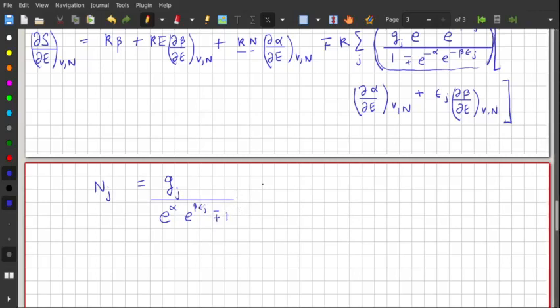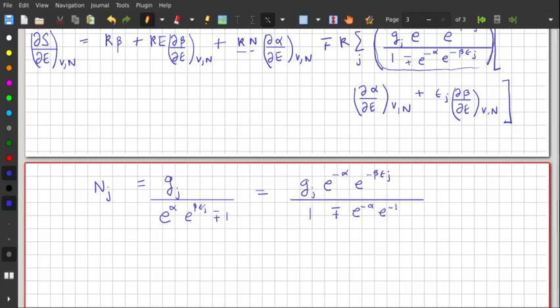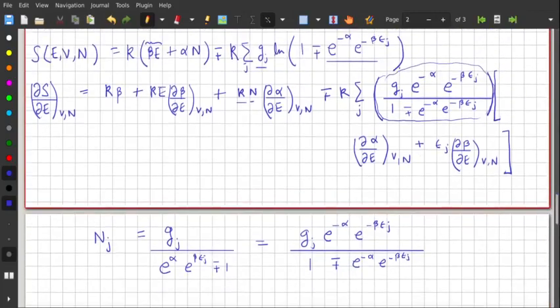That could be rewritten as Gj e to the power minus alpha e to the power minus beta epsilon j all divided by 1 minus plus e to the power minus alpha e to the power minus beta epsilon j. This complicated term is nothing but Nj itself.